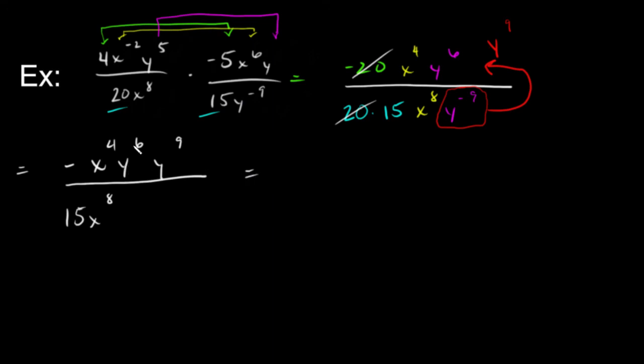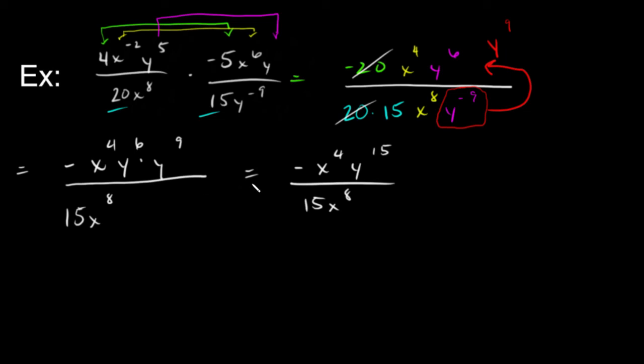Now, you can add these two exponents together, because you have y times itself. So you've got negative x to the 4th, y to the 15th, because you're adding the exponents, over 15 x to the 8th. Wow, this is getting to be pretty long. We're pretty close to being done, though.